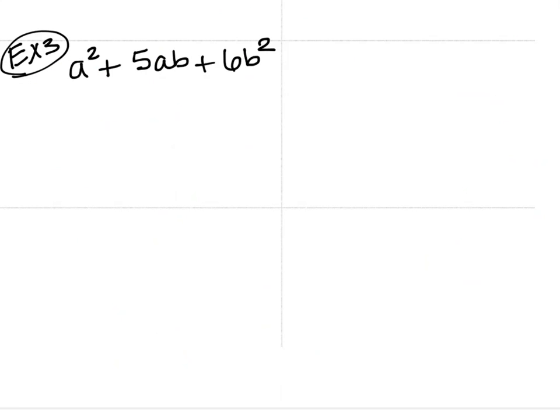So the process for this is still the same third term factoring method. And I know that because I have an invisible 1 in my leading coefficient. And this is in descending order because we work on descending based on the alphabet. So this is a squared, and even though that's a b squared, a comes before b in the alphabet. So that's how I know that this is in the correct form.